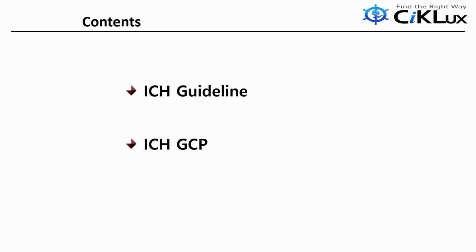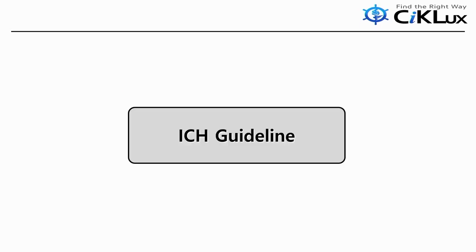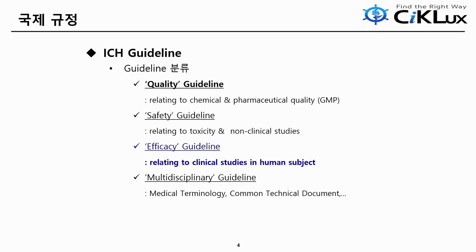So ICH E8, the general considerations part, will also be considered in the R3. So the overall structure of the E6 will be changed. Well, that's the current proposal, so we're not sure how it will be changed for the final version. But anyway, there will be some changes from R2 when we have the R3 as the final document.